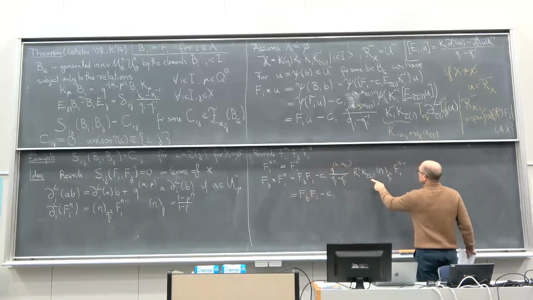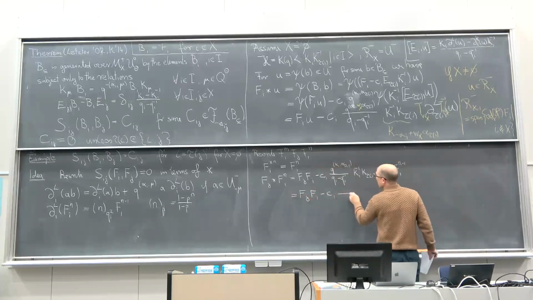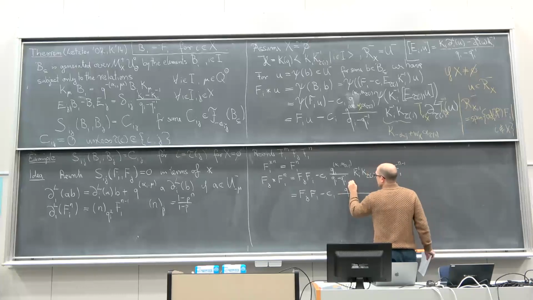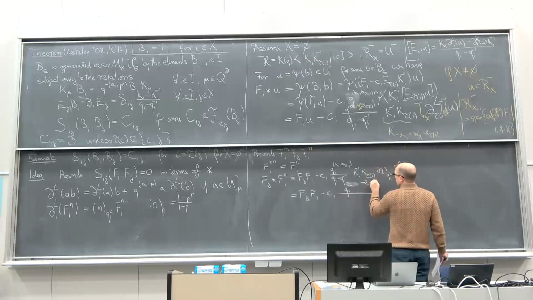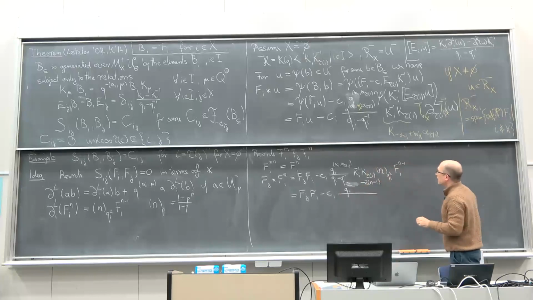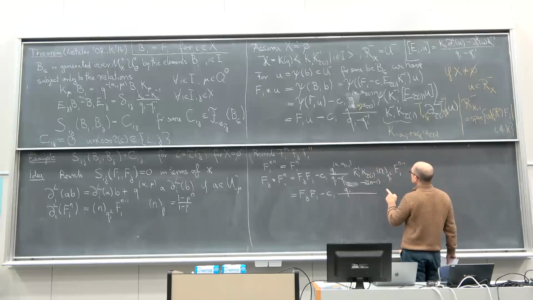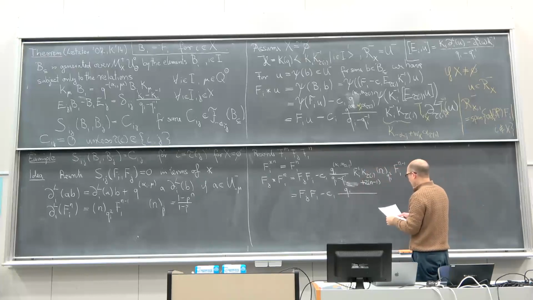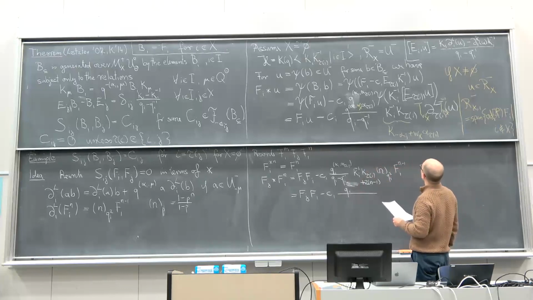Now, if I commute this past, I get a Q_i to the 2n minus 2n minus 1, and then this is a plus. Then I have to move this one past, and this gives me something.